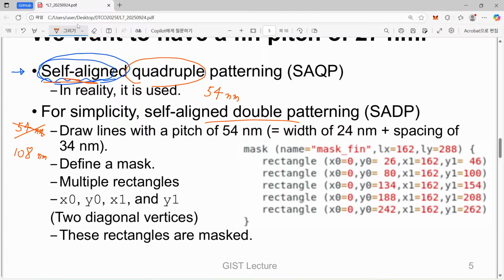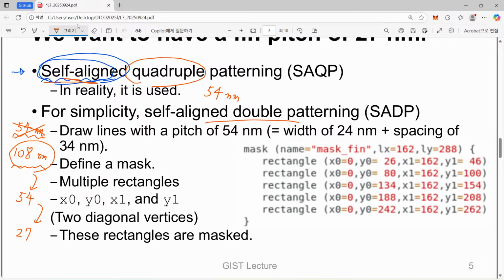This is not that difficult. So that's the reason why, starting from the 108 nanometer pattern, we reduce the pitch to 54 and do it once more, then we will eventually have a pitch of 27 nanometer.